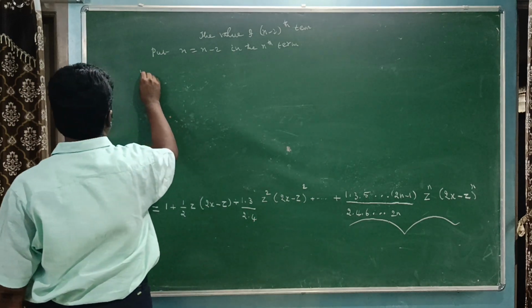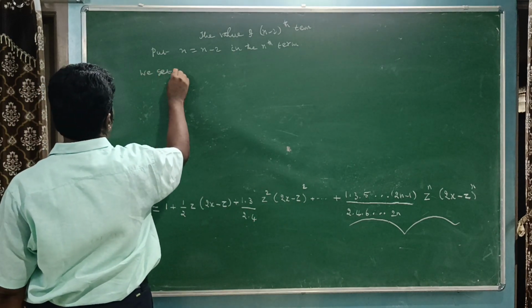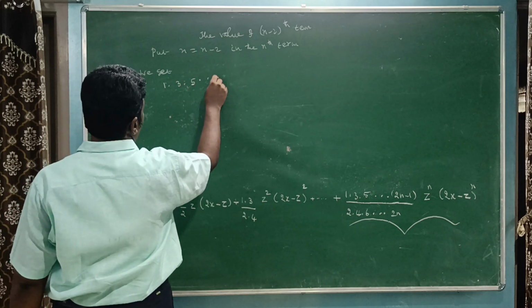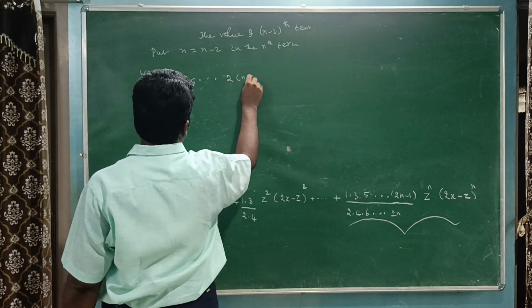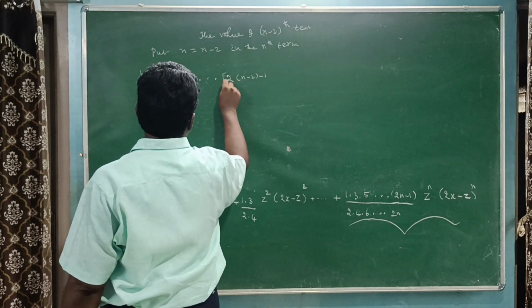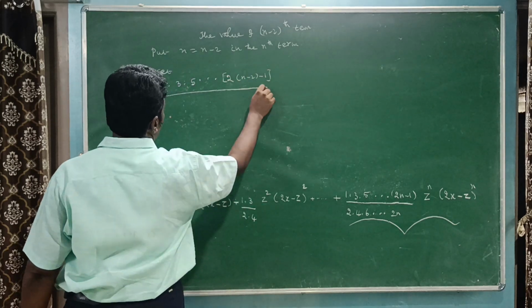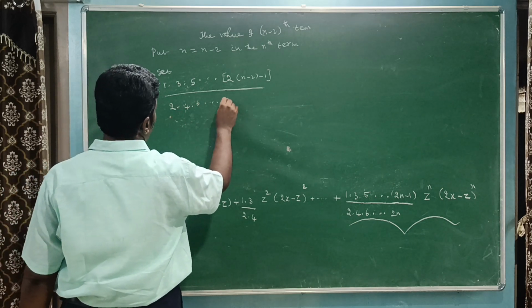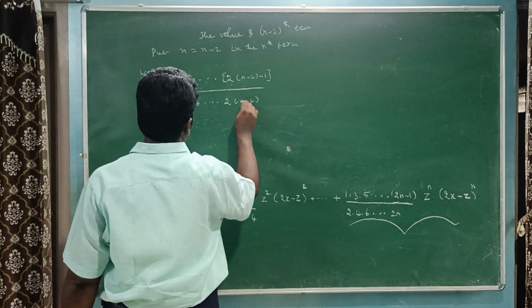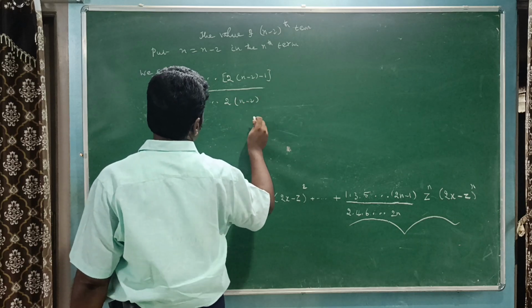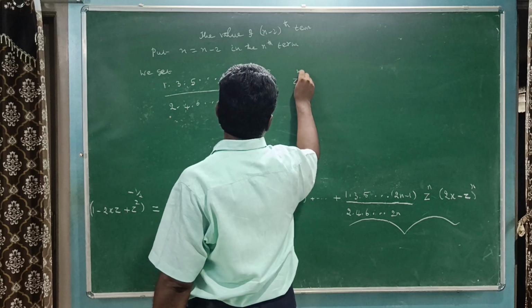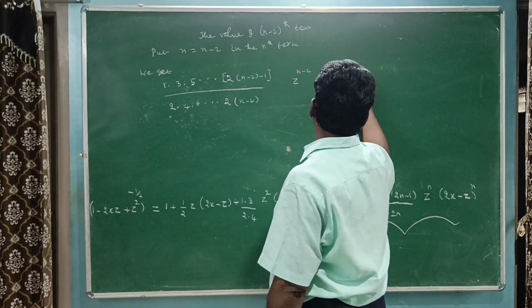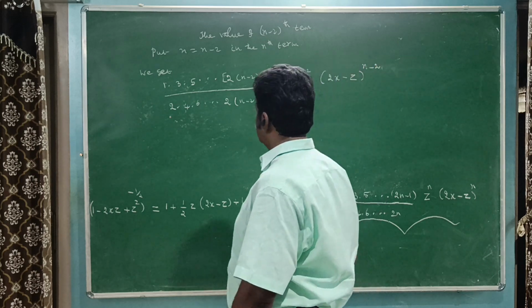We get (1·3·5···(2(n − 2) − 1))/(2·4·6···2(n − 2)) z^(n−2)(2x − z)^(n−2).